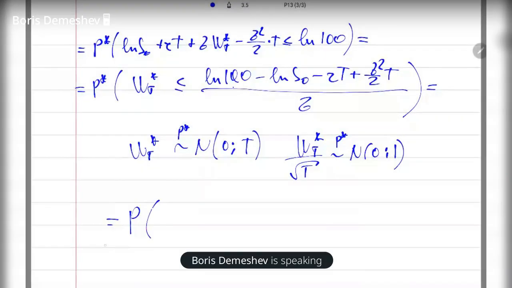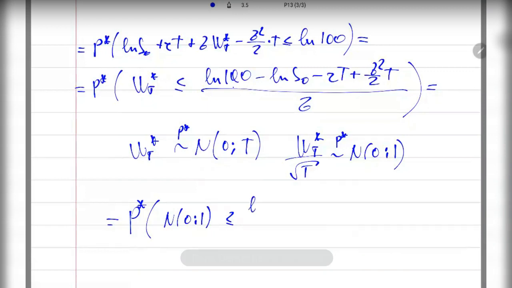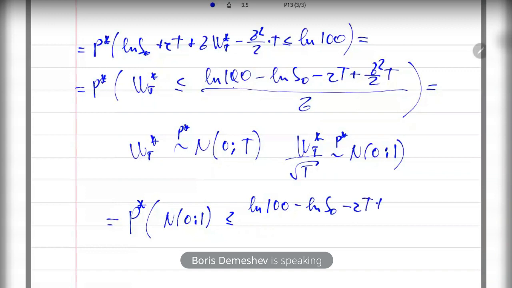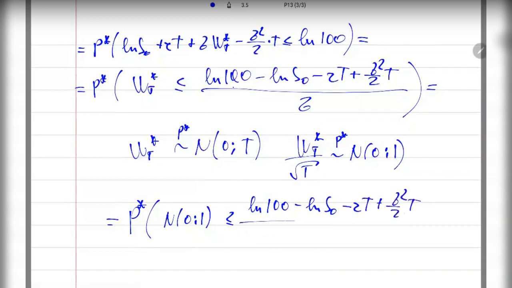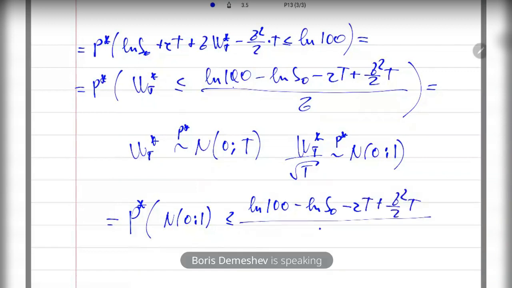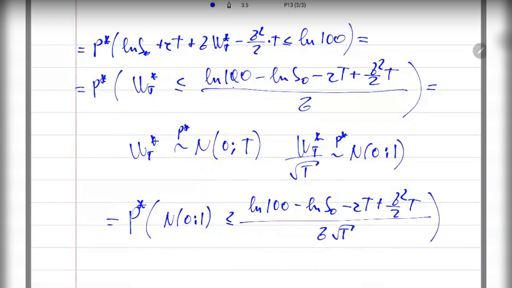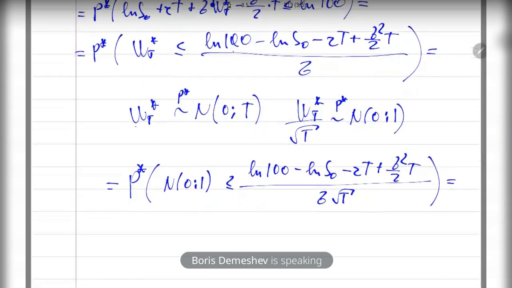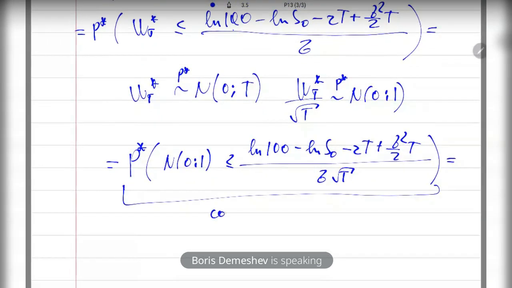Okay, that is the probability that a normal (0, 1) is less than logarithm of 100 minus logarithm of S0 minus RT plus sigma squared over 2 times T, divided by sigma square root of T. And hence that's the CDF of a standard normal.